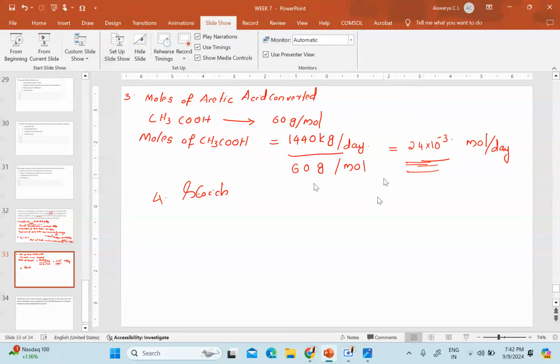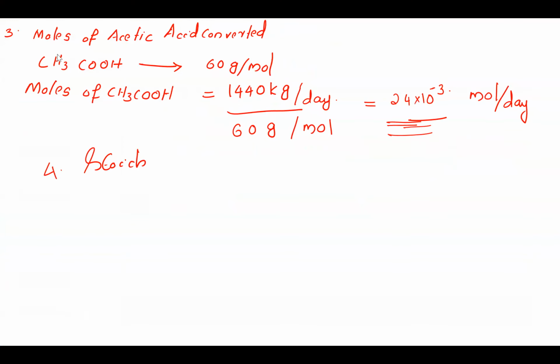Then because the denominator is very low, it will be high. Okay, 1440 divided by 0.06. It is like 24,000. That is the answer.